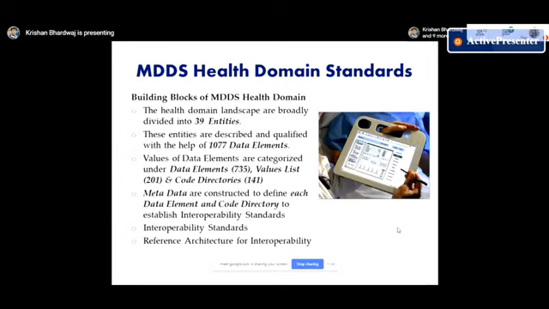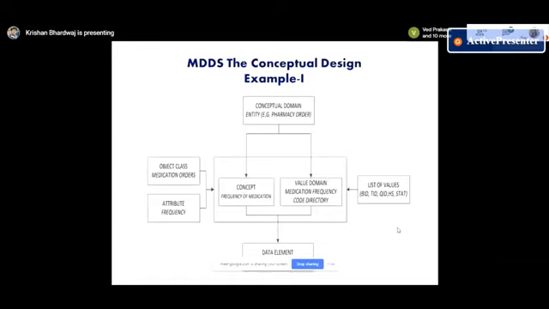So the code directories are actually like you said, sir, for the patient entity, we have things like body size, the list of medicines. These are the code directories, and the value sets are basically what is inside the code directories, like the list of all the essential medicines. Like for alternate ID, the list is PAN card. These are the value sets.